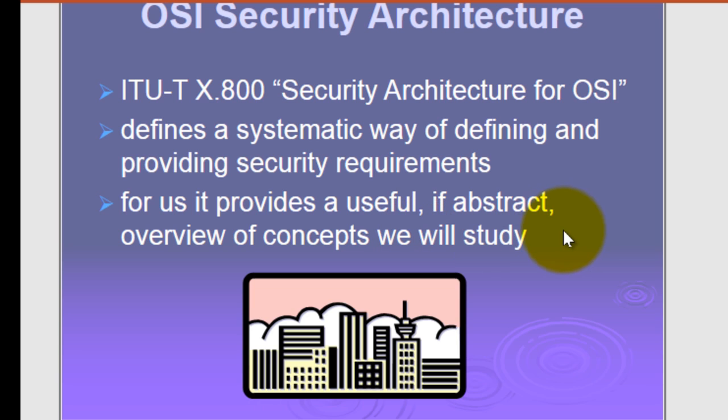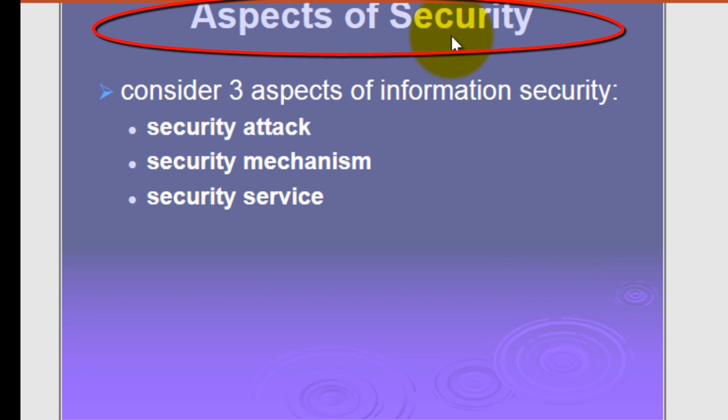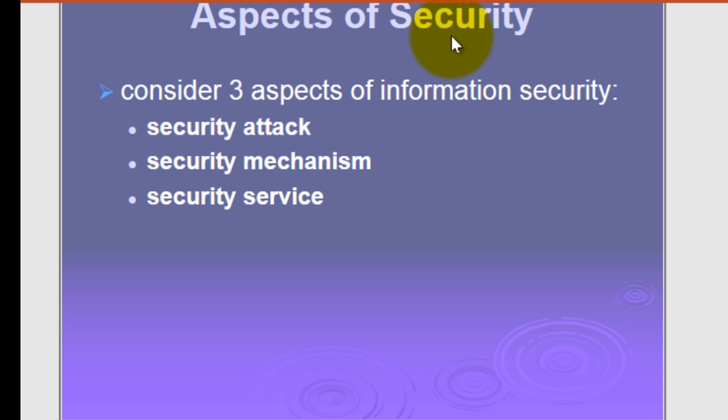Okay. And next one, aspects of security. So what are the different aspects of security? We can consider basically three aspects of information security. They are security attack, security mechanism, and security service.